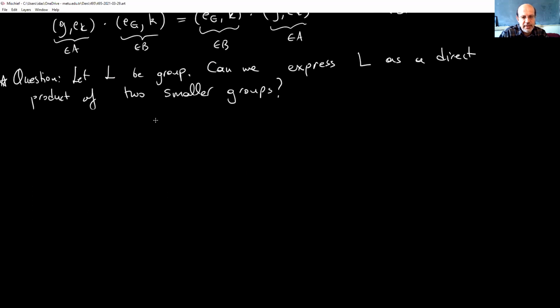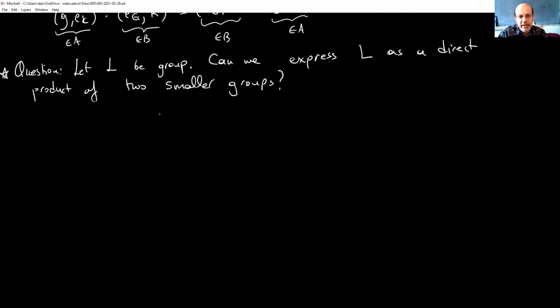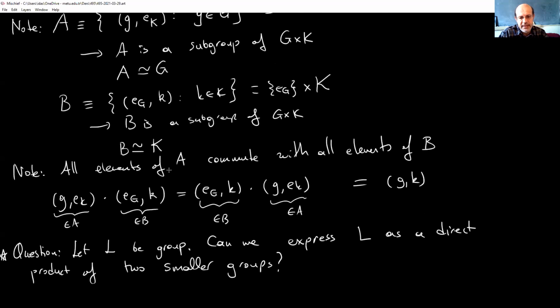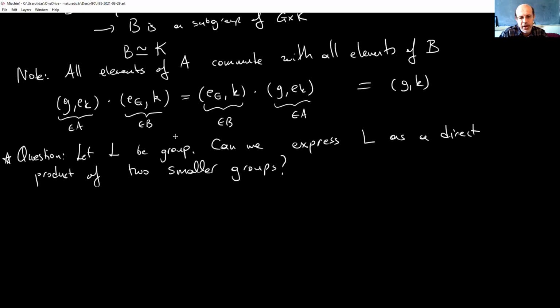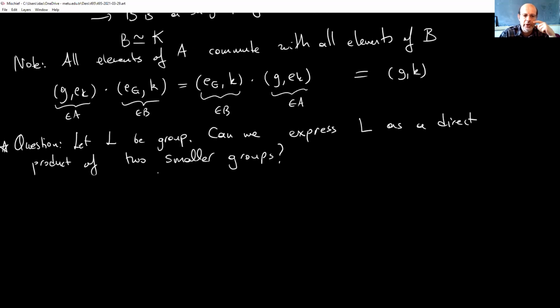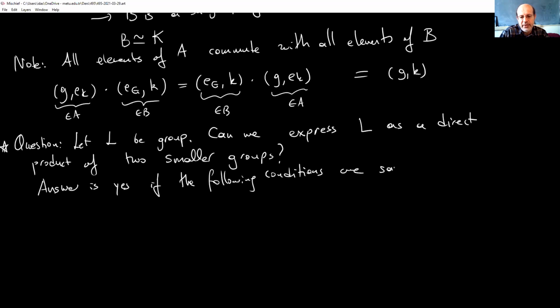That's the question I'll try to answer. Because of the analysis in here, you can see that there are certain conditions for L being a direct product of smaller groups. Basically, it should have these two special subgroups. The answer is yes if the following conditions are satisfied.